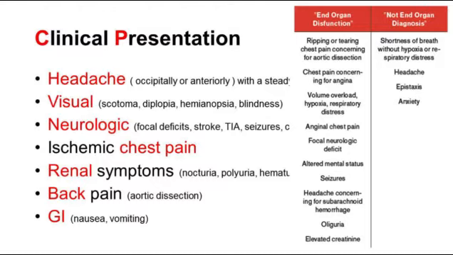In the right side of the slide, we can see what are the signs of end organ dysfunction and the signs not for end organ dysfunction. We can see that epistaxis and headache alone, they are not a manifestation of end organ damage.